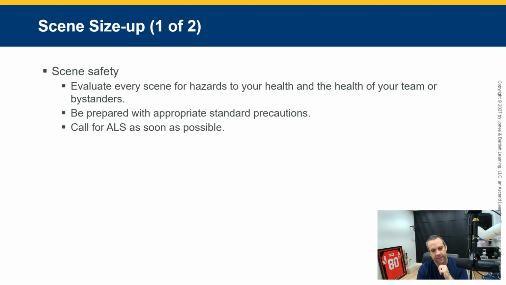As always, patient care starts with scene safety. Head and spinal injuries often occur in environments that can also injure yourself and bystanders. When we're talking about car crashes, you've got to think about oncoming traffic, unstable vehicles, broken glass, possible leaking fuel, electrical systems, undeployed airbags. Other scenes could involve violence, unsafe water conditions, unstable structures, various sporting equipment.